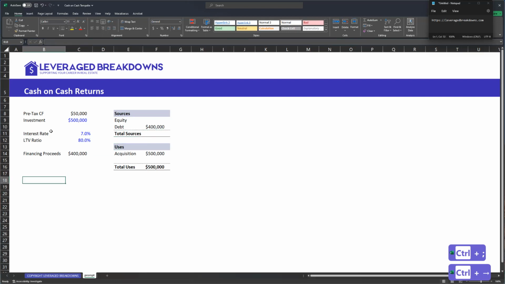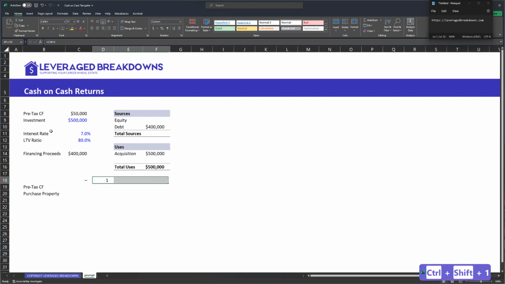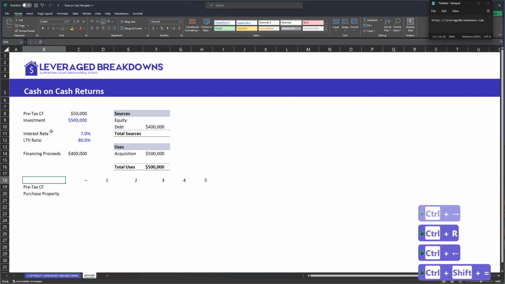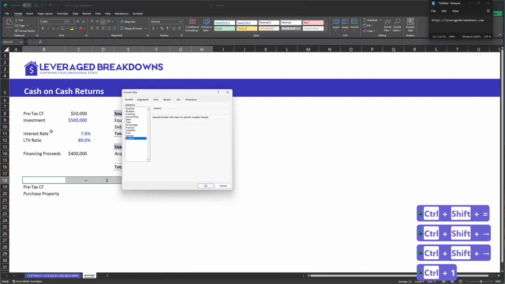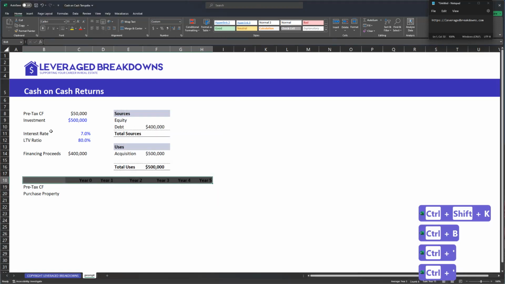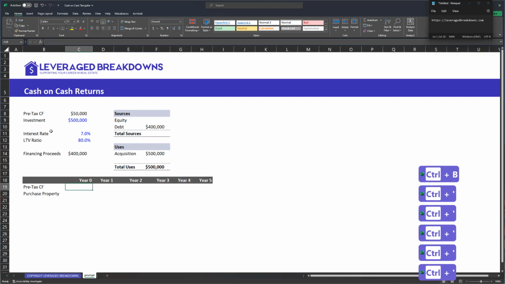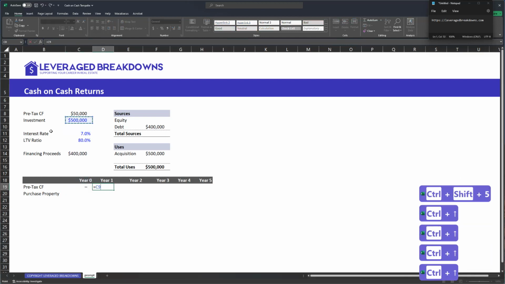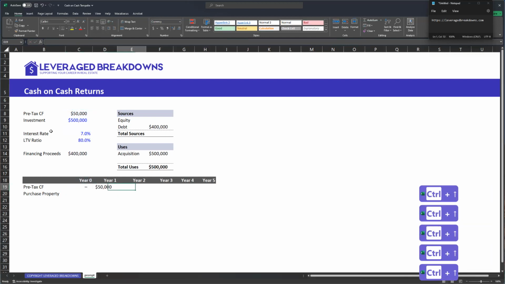And your equity, let's just create a cash flow. Purchase property. Pre-tax CF. Year 0. Zero that out in the first year. Link to our pre-tax cash flow right there by hitting F4.